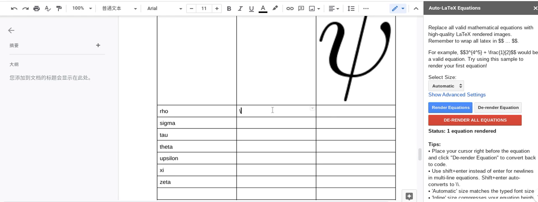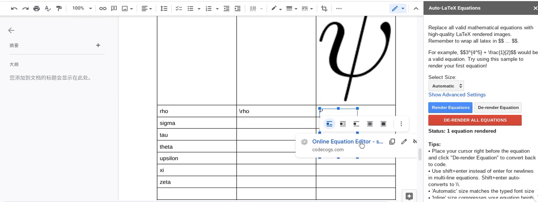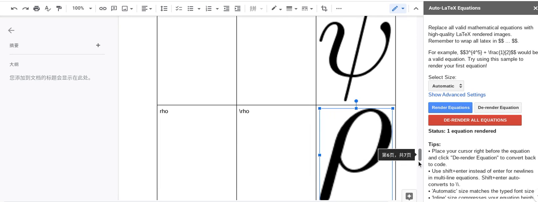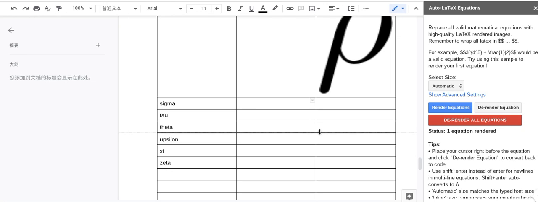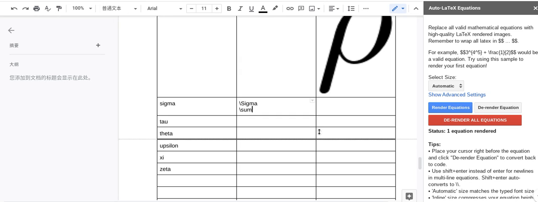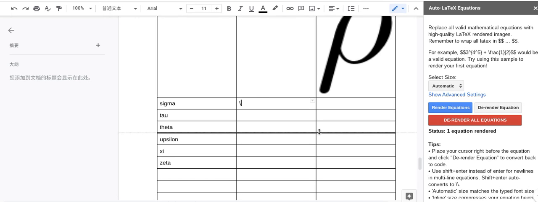The next one is going to be rho. Well, this is what rho looks like. And the next one is sigma, which we talked about before. It can be like this, or it can also be like this. However, that's for the sigma of calculation. To find the sigma that is the Greek symbol, we have to decapitalize it.